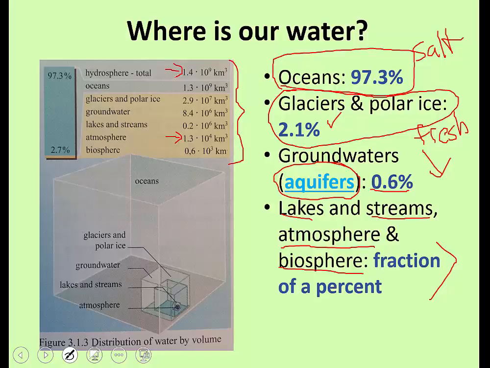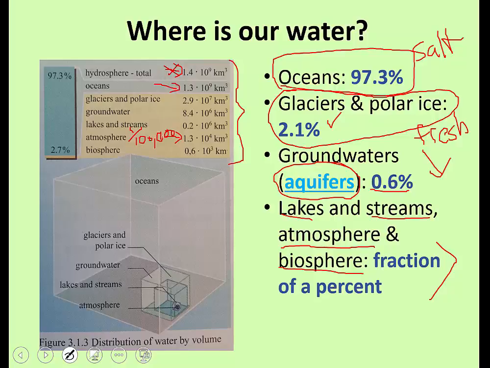Compare that to the oceans, 1.3 times 10 to the ninth. It's a factor of 10 to the fifth greater, which means that this moisture in the atmosphere is 1/100,000th the amount of moisture on the complete Earth. It's just a mere fraction.